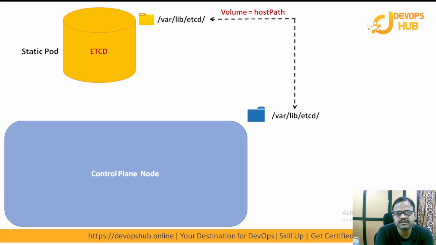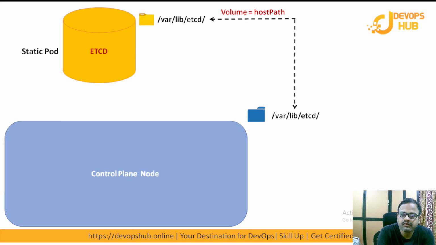Simply if I have to say, the moment Kubeadm has created a volume of hostPath and mounted it to the container file system at /var/lib/etcd, whatever files are at container level in /var/lib/etcd are actually now files at the control plane node.